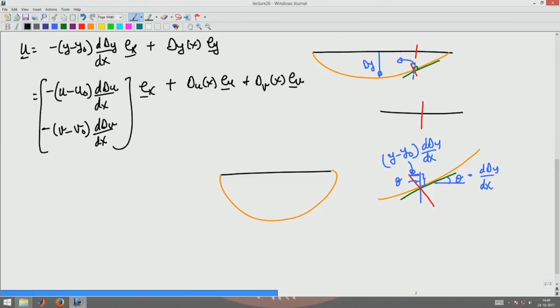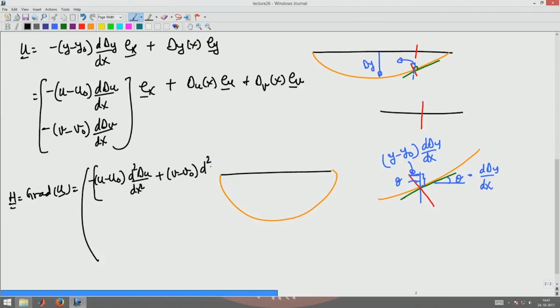Now, I want to find the displacement gradient h, which is gradient of u, which would be minus u minus u naught d square delta u by dx square plus v minus v naught d square delta v by dx square, okay.